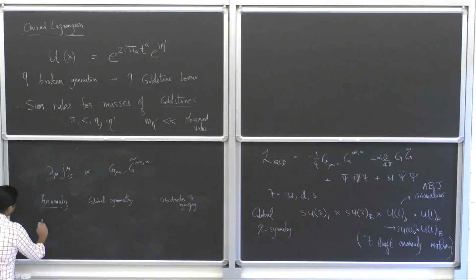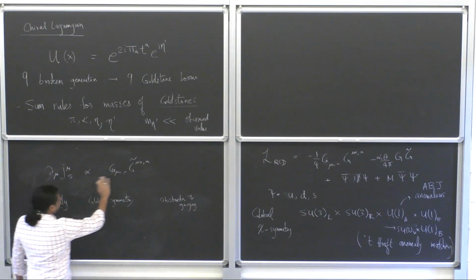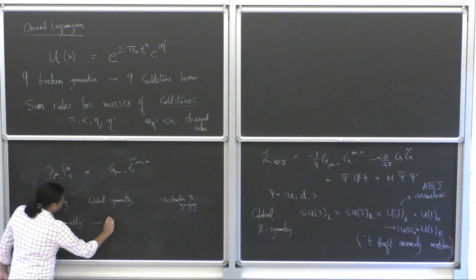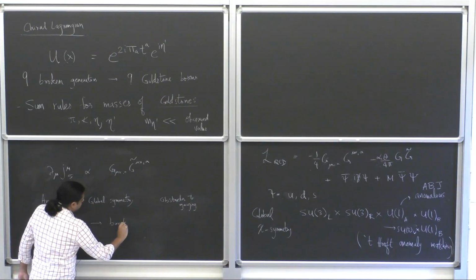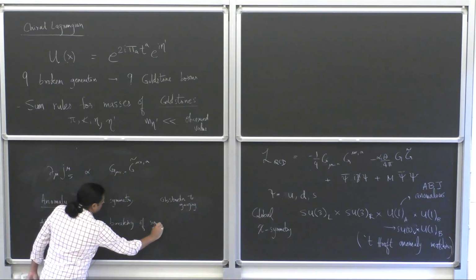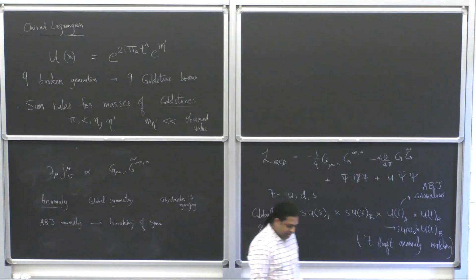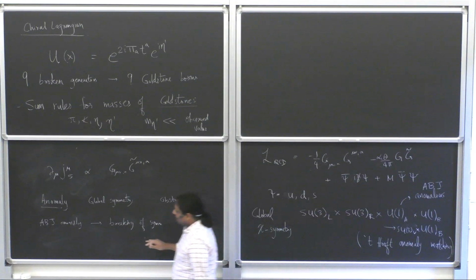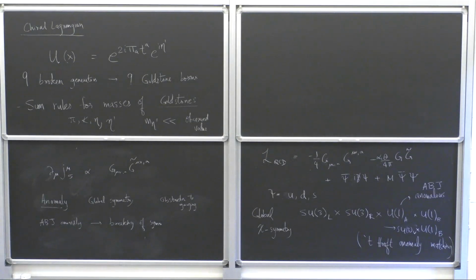ABJ anomalies, this sort of mixed anomaly between a global symmetry and a gauge symmetry, is really just breaking of the symmetry. So in the modern QFT literature, you'll find this distinction: if you have an ABJ anomaly, you should just think about that symmetry as not being present at all.